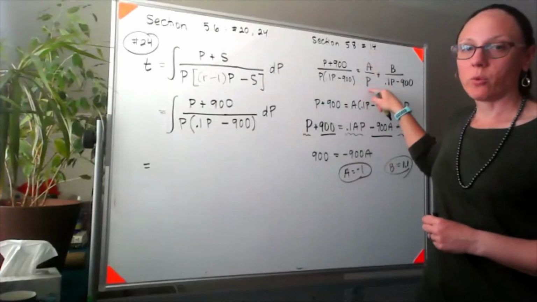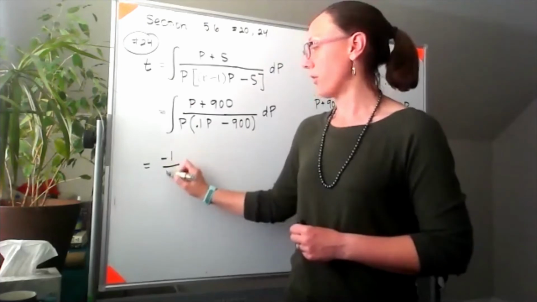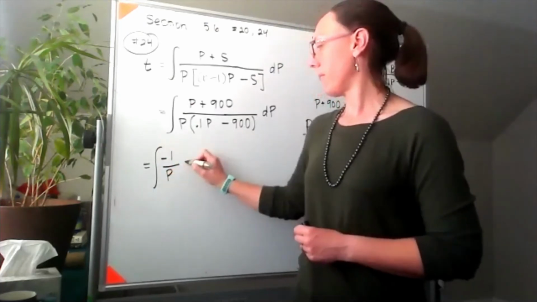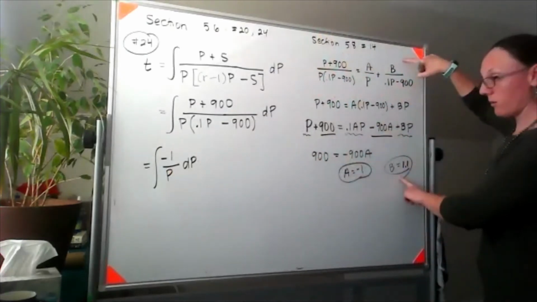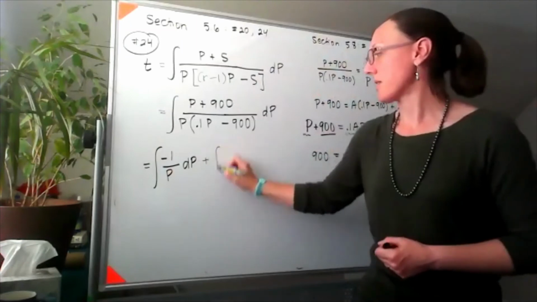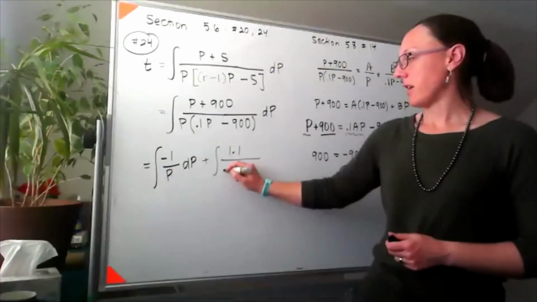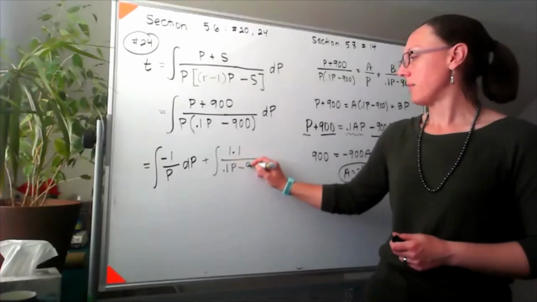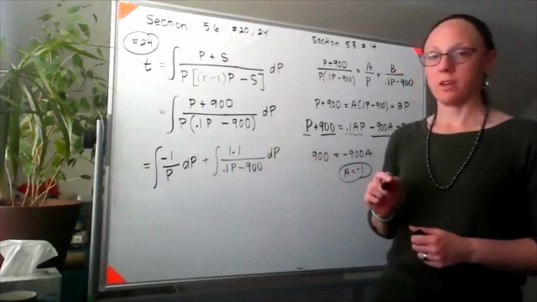So our A value went over P, meaning I'm going to have -1 over P. And B was equal to 1.1, and that goes over this other term, so plus 1.1 divided by 0.1 P minus 900 dP.